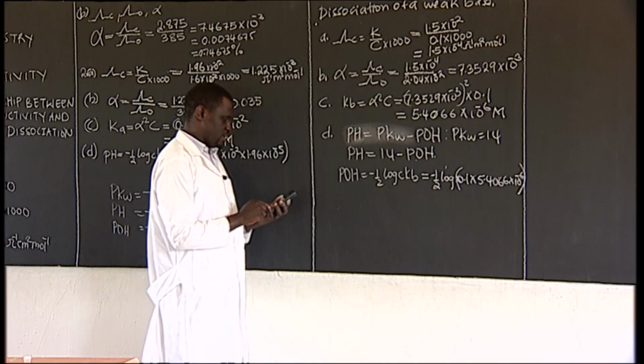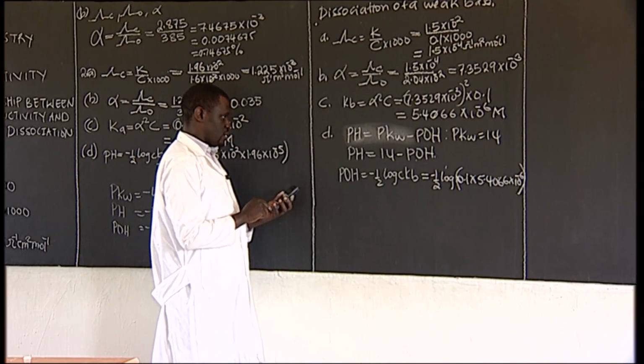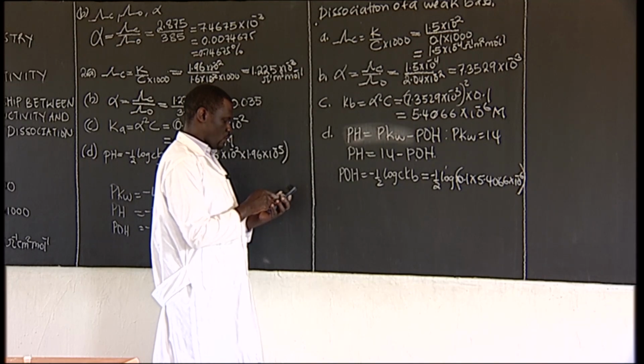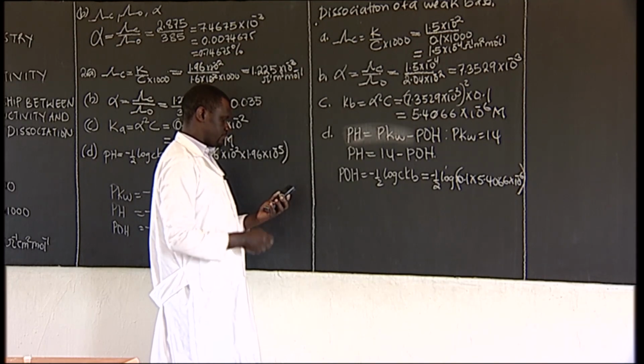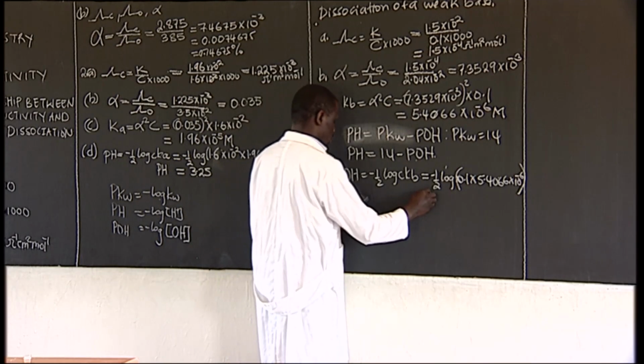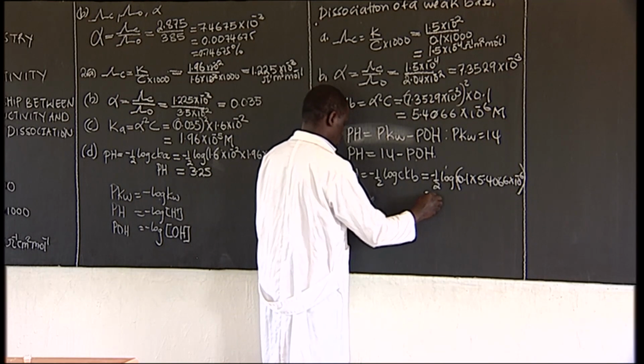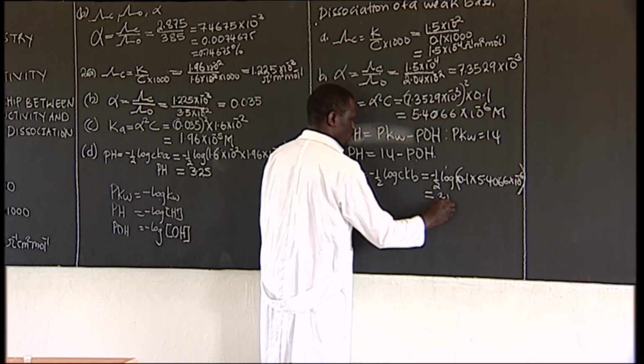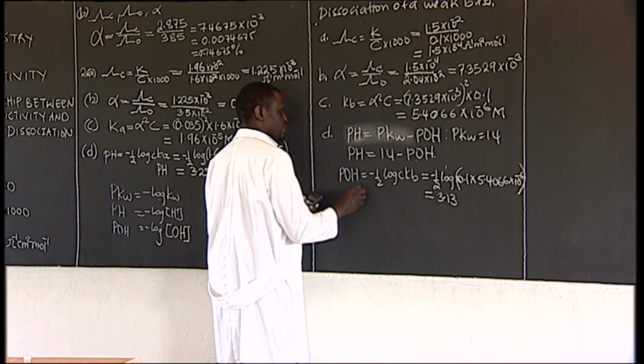Then we say 0.1 log. So our value will be equal to 3.13. So that is our pOH.